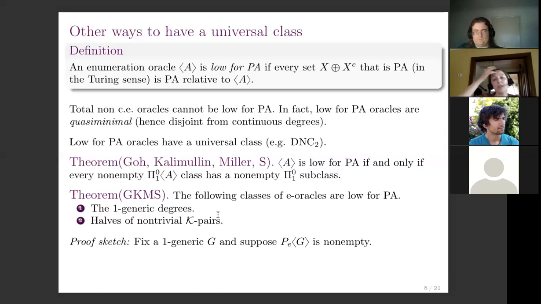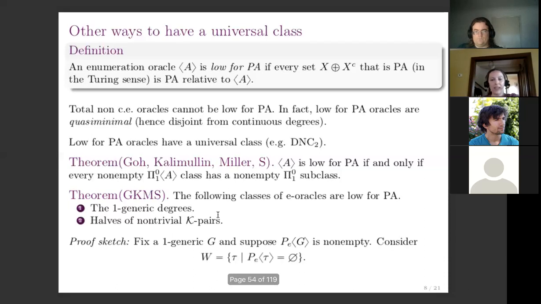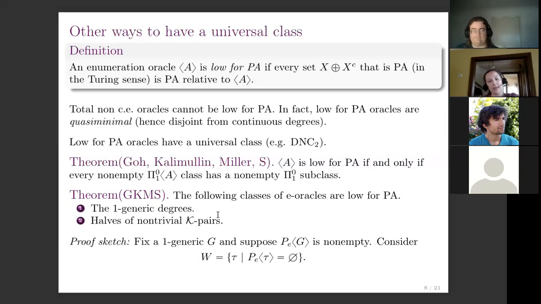But okay, so fix a one-generic G, and suppose that the e-th enumeration, the e-th Pi-0-1 class relative to G is not empty. Now take the c.e. set of finite strings relative to which the e-th Pi-0-1 class is empty.